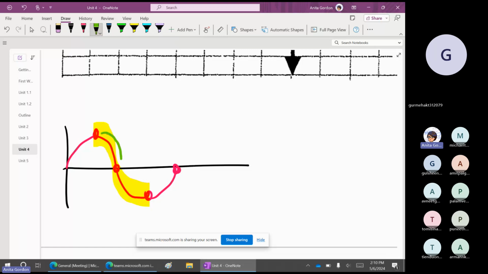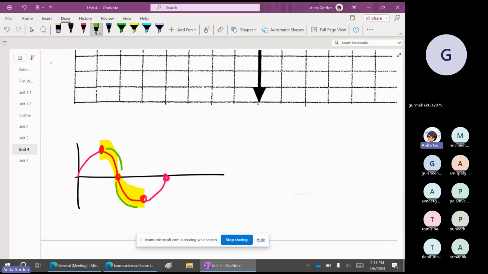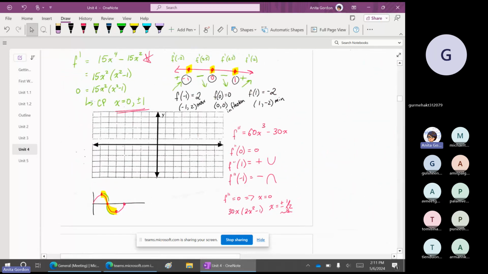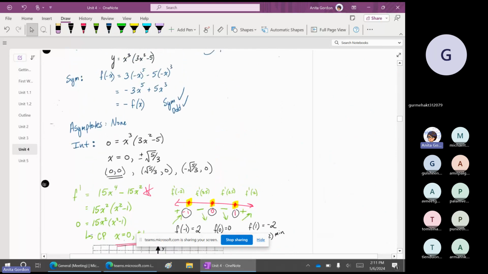This is concave down, this is concave up. So although it is decreasing from end to end, there is a bit of difference in concavity. So that's what F double prime is telling you. Where is that switch in direction? Where is that inflection point? Okay, we have all the pieces of information we need.